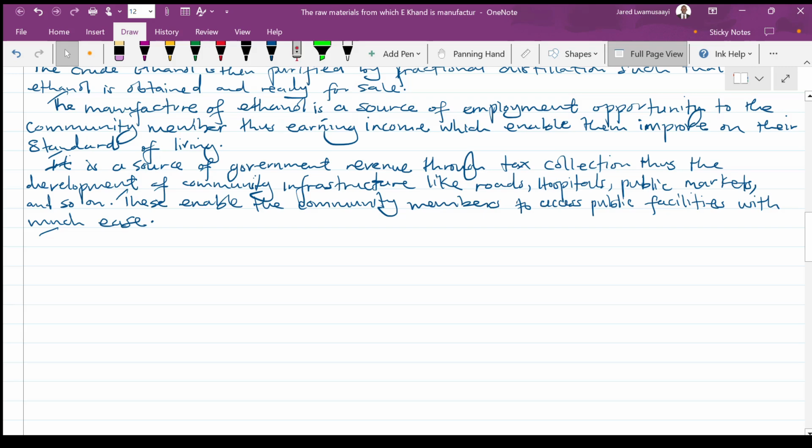So far we have talked of two. We can go with those ones. Imagine you just need to talk of one, just one. So having talked of the social benefits, we have explained the social benefit given the effect and the impact. So we can now talk of the dangers or the side effects of alcohol manufacturing or ethanol manufacturing.